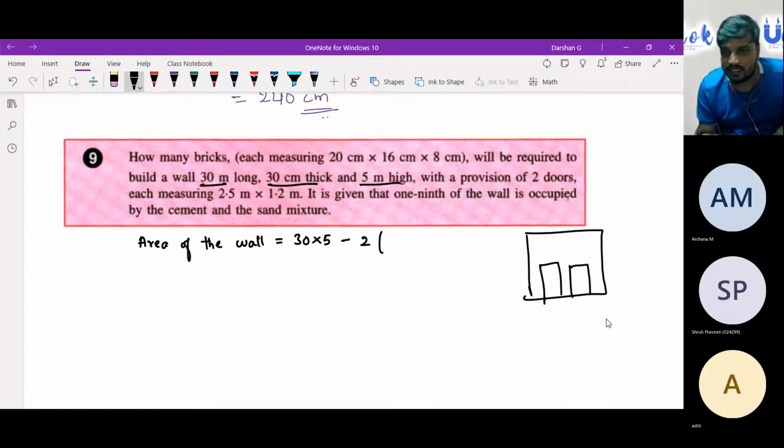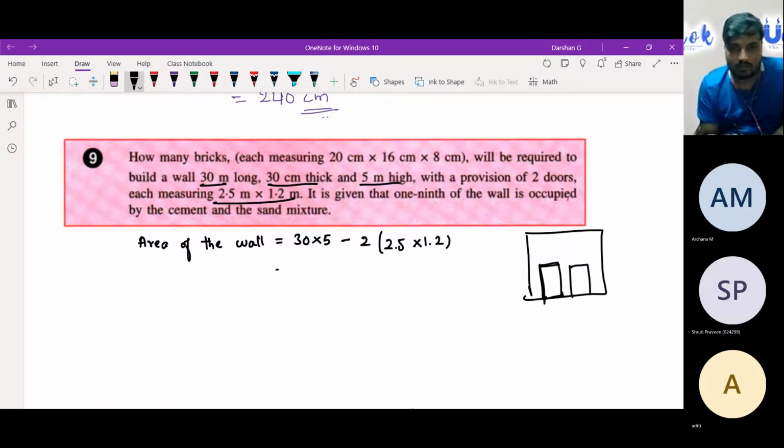Negative two doors. What should I consider? I should consider this face of the door, which they have given as 2.5 times 1.2.